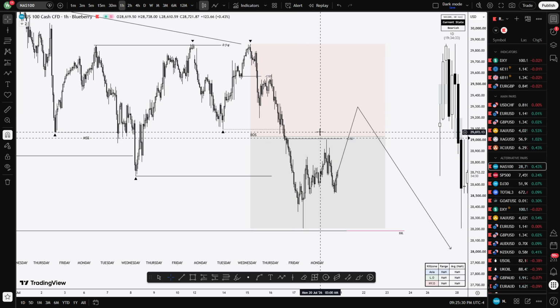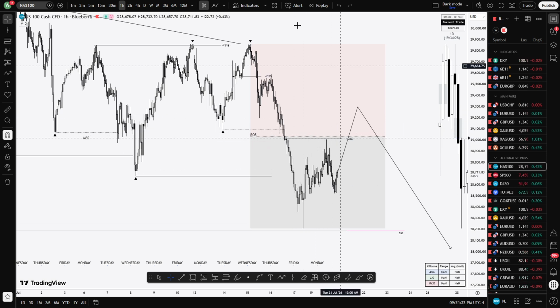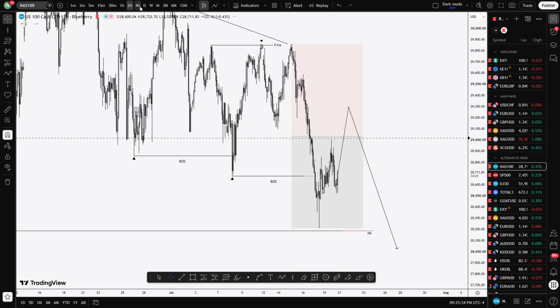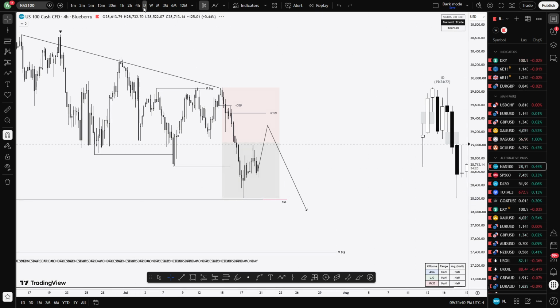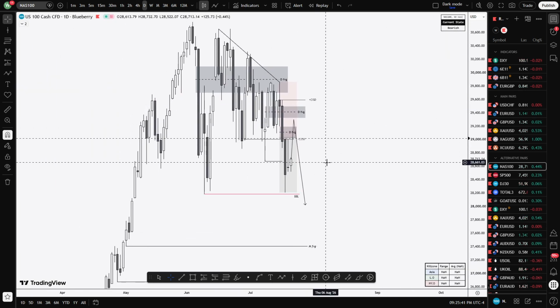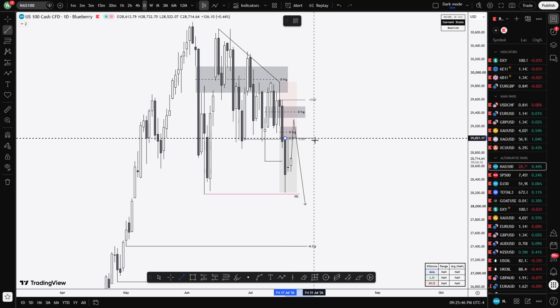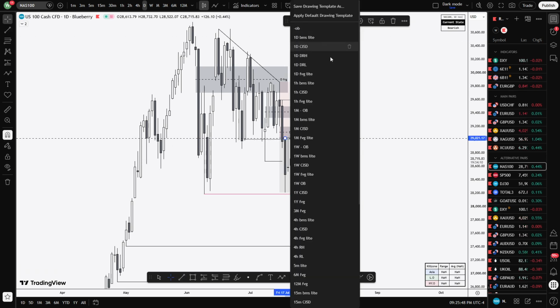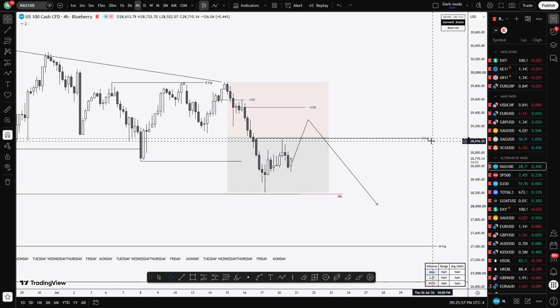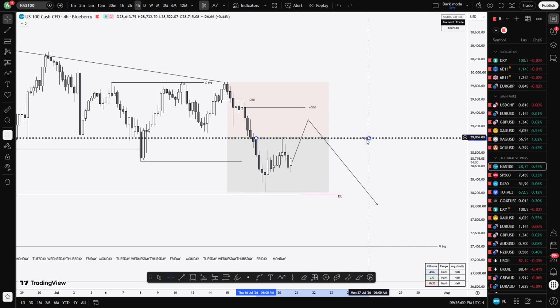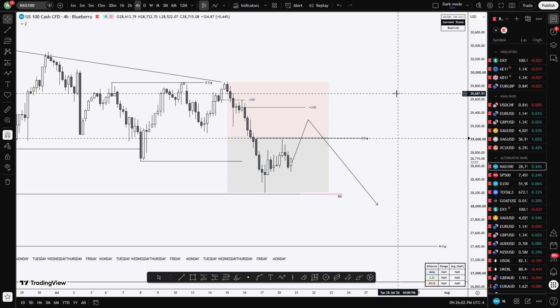Yes, 50%, just above the daily fair value gap. So we need to see price trade above this high here, so Friday and Monday's highs. We need to see price trade above those highs, and then we react. Yeah, we need to see what price does.